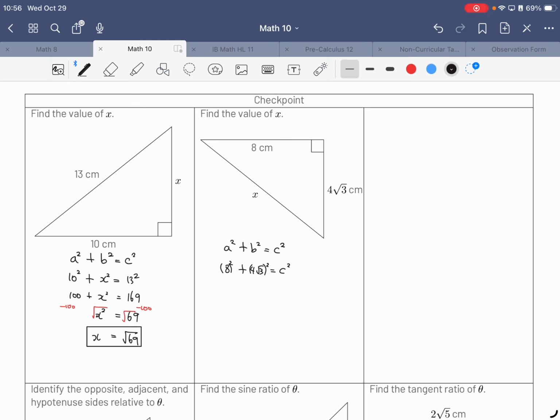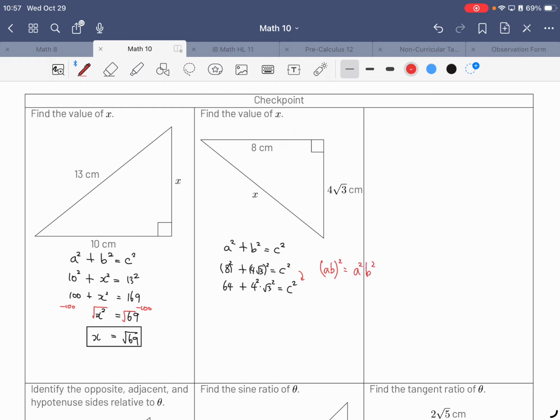So, first 8 squared is 64, that's easy, but then what about (4 square root 3) squared? We can either use the exponent law in this case, which means that we're going to do 4 squared times square root 3 squared equals c squared. Here I'm using the fact that (ab) squared is equal to a squared b squared.